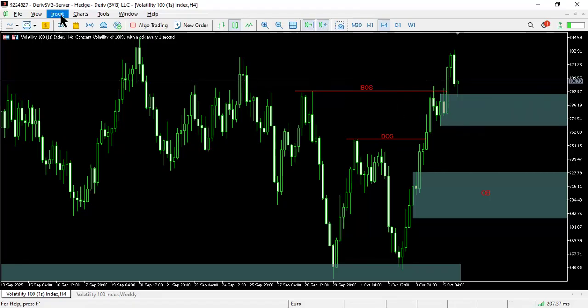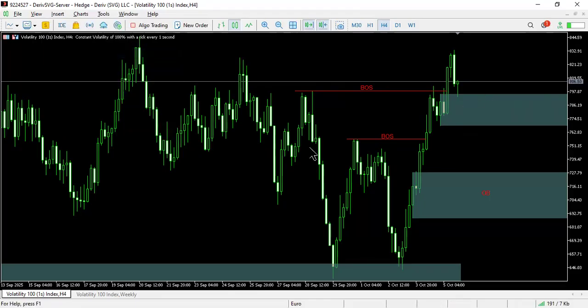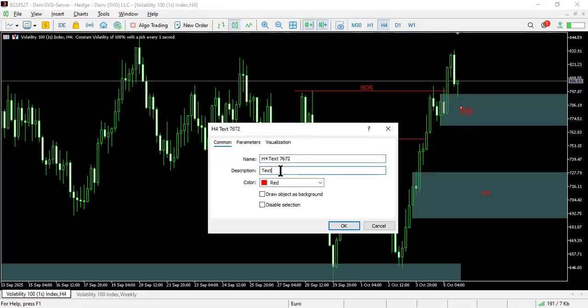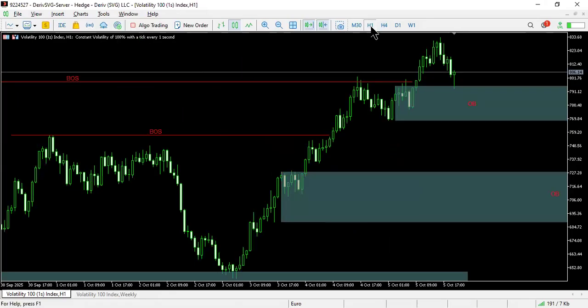So price is currently reacting from that order block from the 4 hours time frame.